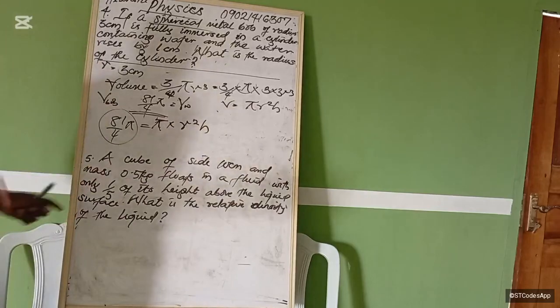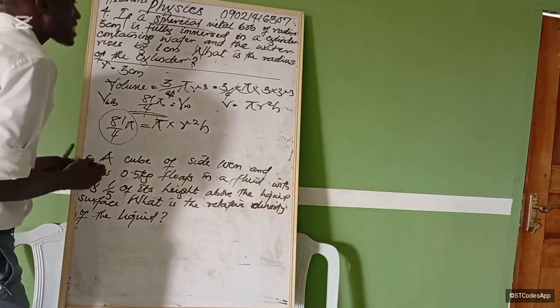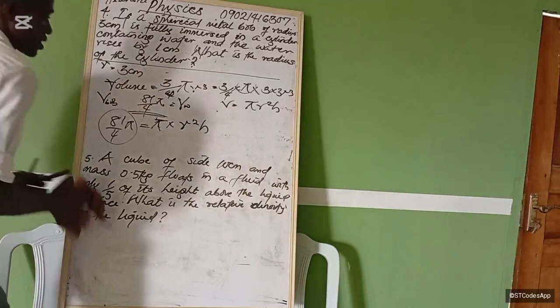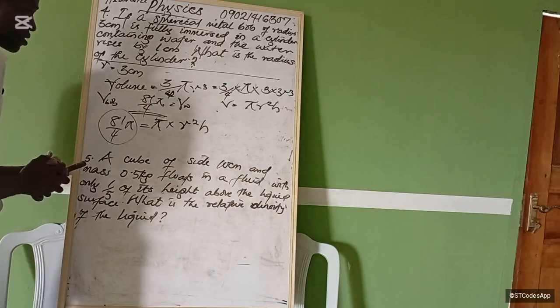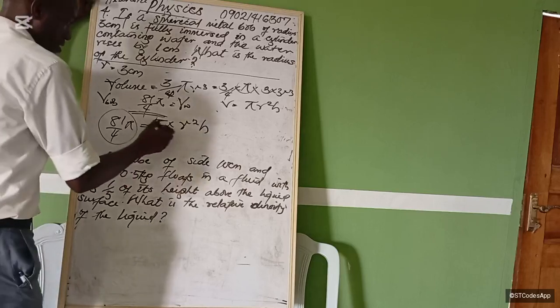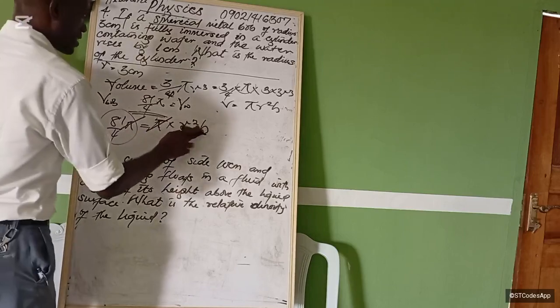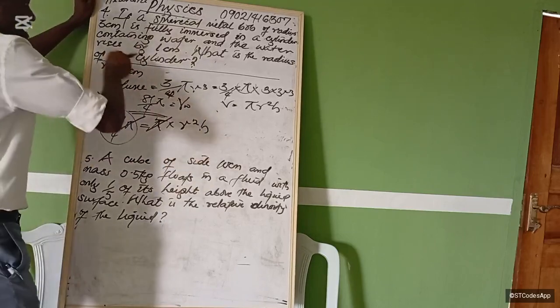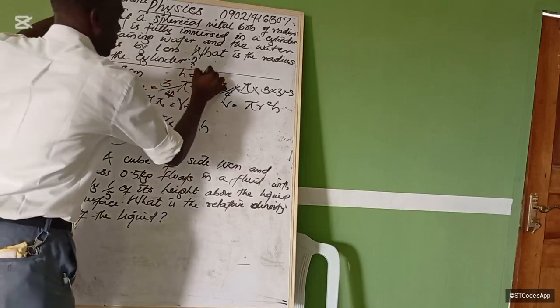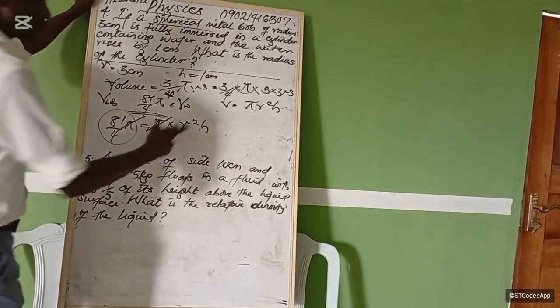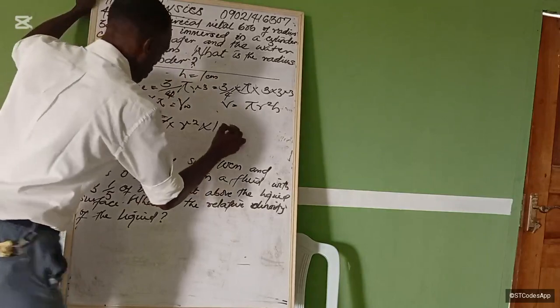So this is what we'll do now. Let's recast that. Either way, pi takes care of pi. The height is given here. It rises by 1 centimeter. We didn't write that. So h is 1 centimeter, times 1 centimeter.